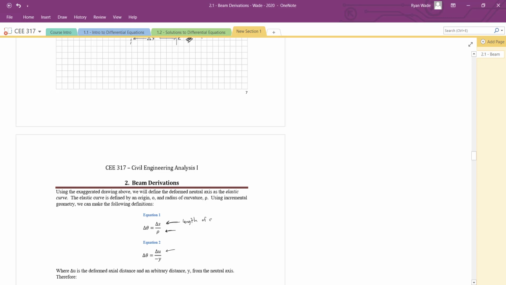So length of neutral axis over the curvature, which is equal to the distance from the origin to the neutral axis, can be the same as that delta U, which is the change in length, over the distance from the neutral axis. Sorry, at distance from the neutral axis over the distance to the neutral axis.